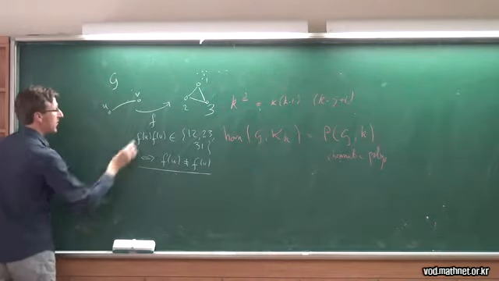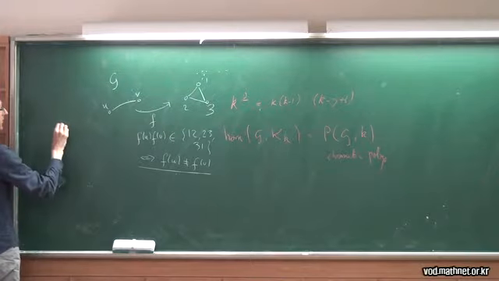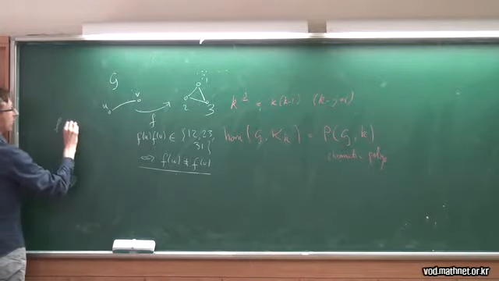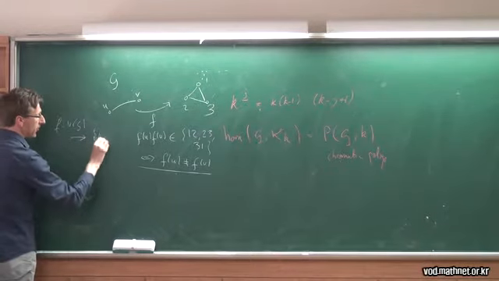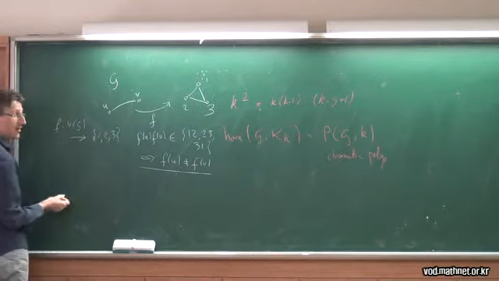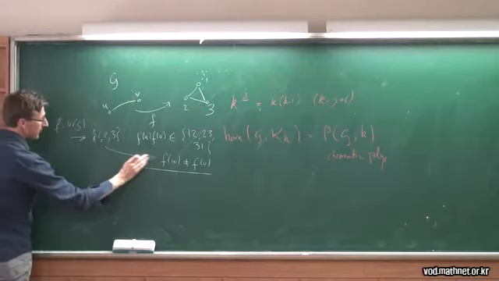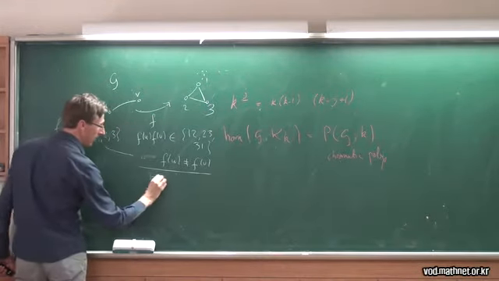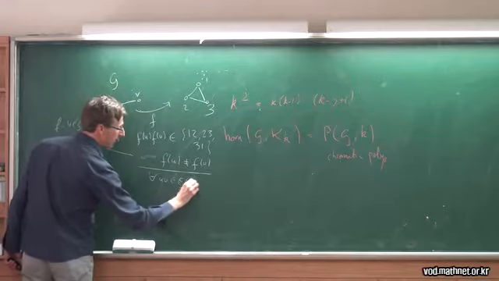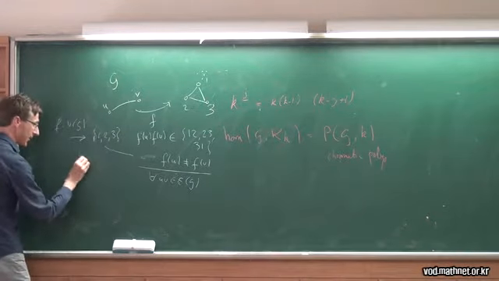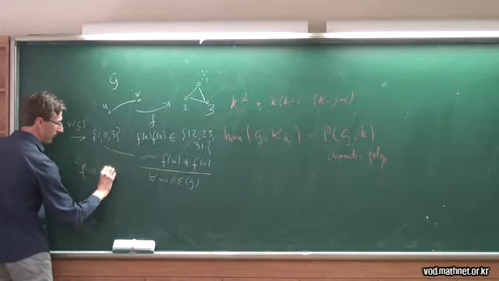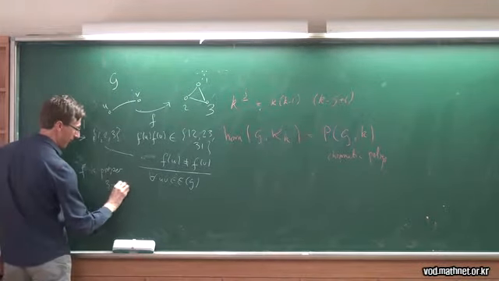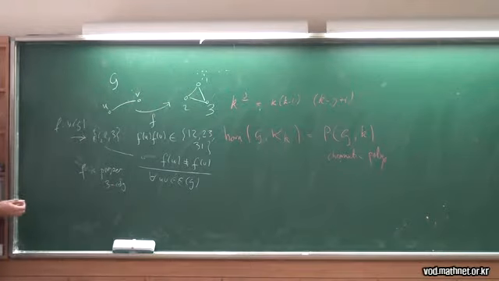So this is then saying that f is going from the vertices of G to 1, 2, 3, and it has a property that for every edge, f is a proper 3-coloring.